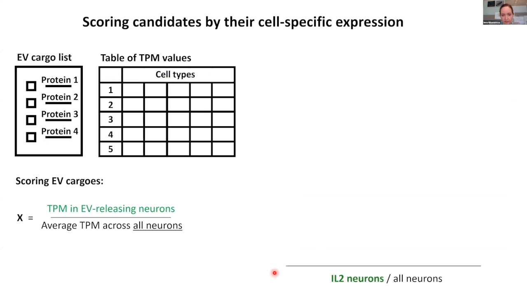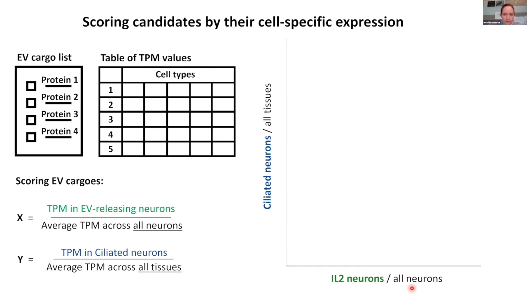So basically on the x-axis, I'm going to show you the IL-2 neurons TPM value divided by all neurons. Basically, that's enrichment, whatever is expressed in IL-2 neurons over all neurons taken together. And the y-axis would be ciliated neurons, broadly speaking, all of them, as compared to all other tissues.